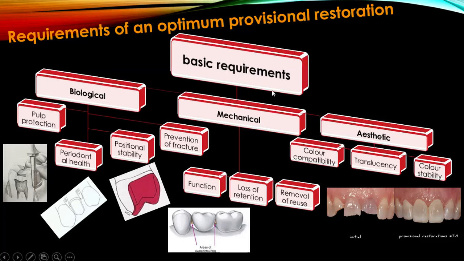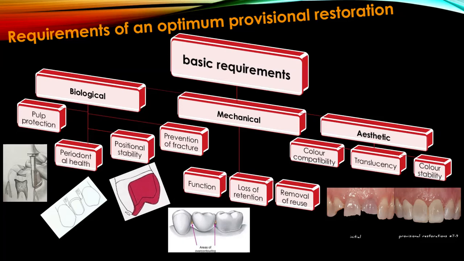The mechanical involves function, loss of retention, removal and reuse. An important thing in the temporary or provisional restoration is that after you cement it, after 1 week for example, when you want to remove it, it should be easy to remove.